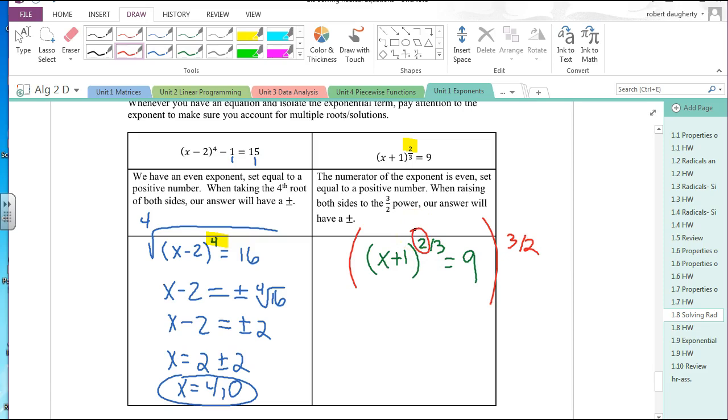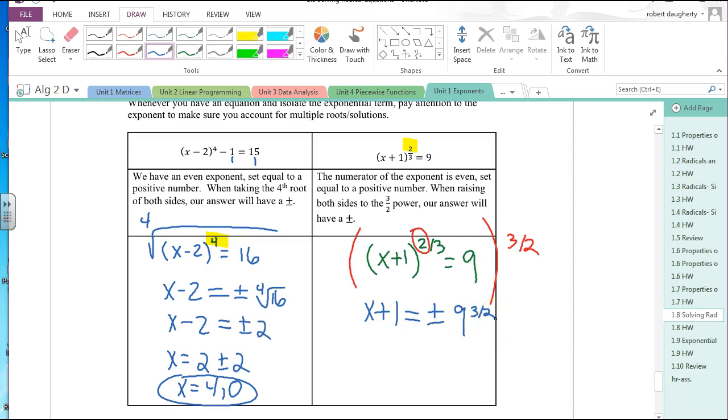So what's x plus 1 to the 2/3 to the 3/2? What's that? X plus 1, right? That was by design. I want the x plus 1 to be by itself. So x plus 1 equals, because that's an even number in the numerator, the very next thing I write will be plus or minus, and then 9 to the 3/2.